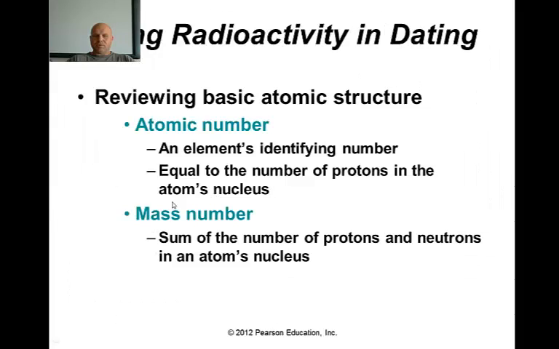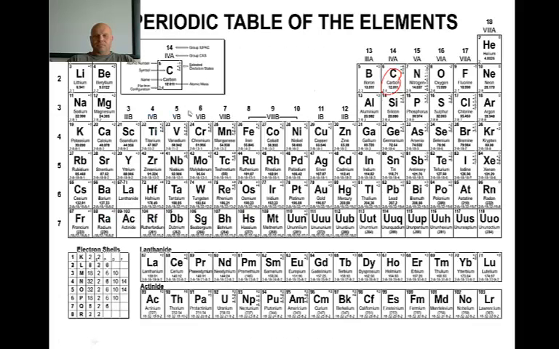Now let's go back one more time. The mass number is the sum of the number of protons and the number of neutrons. When we look at the atomic mass, we have it right here. It's easy to figure out how many neutrons we have in an atom if I take the mass, and in this case it's about 12, some change, but we'll just use 12 for easy math, and then subtract the atomic number, which tells us how many protons.